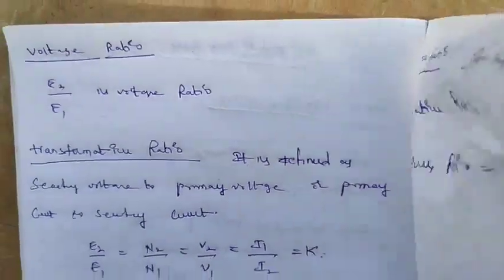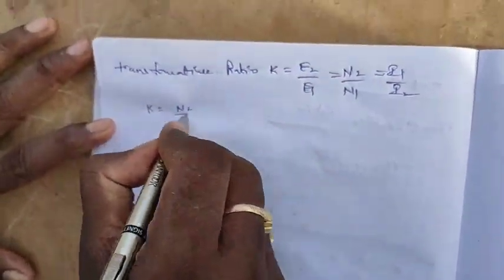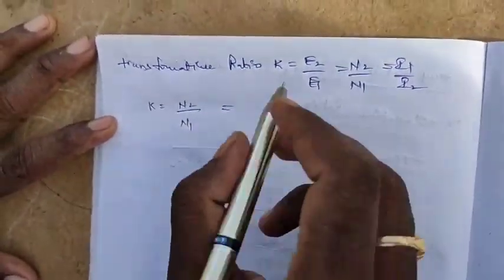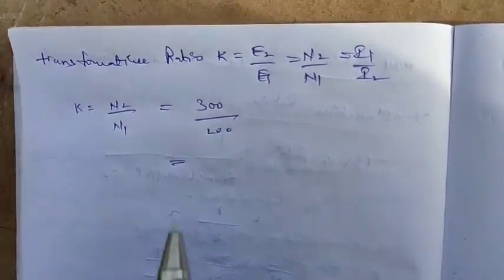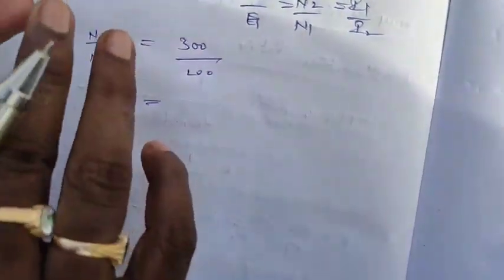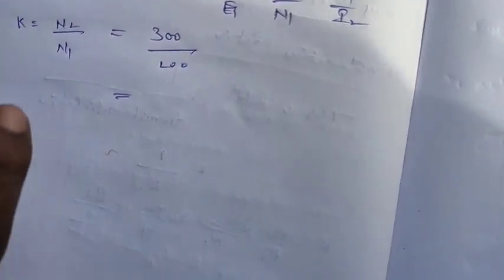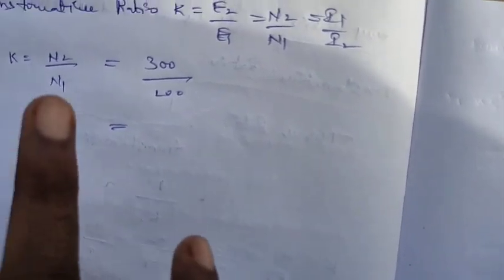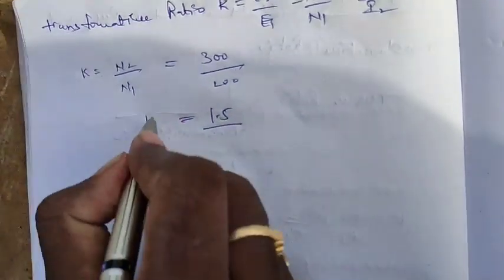In this problem, N1 and N2 are given, so take K equal to N2 by N1, 300 divided by 200, equal to 1.5.